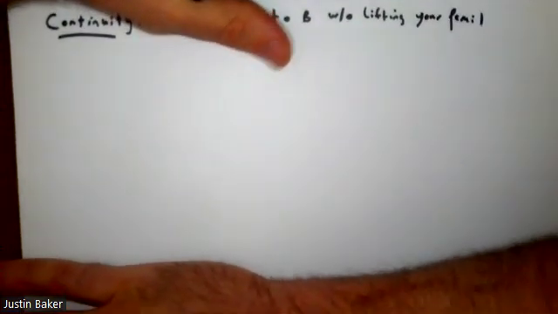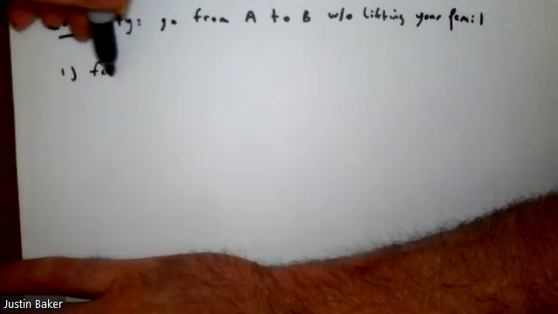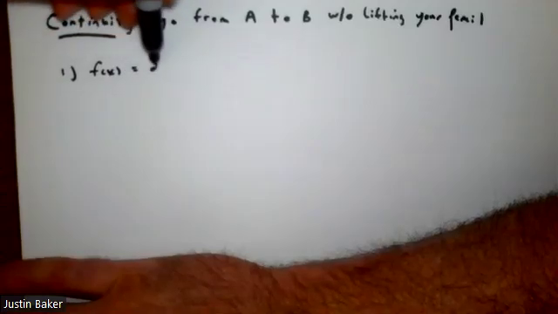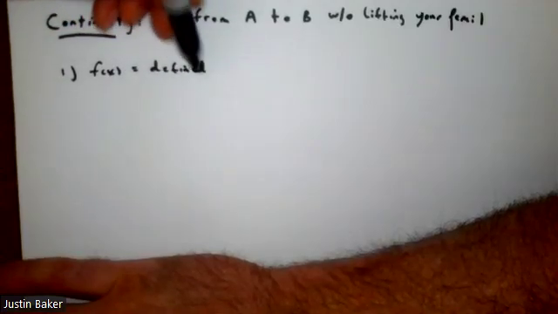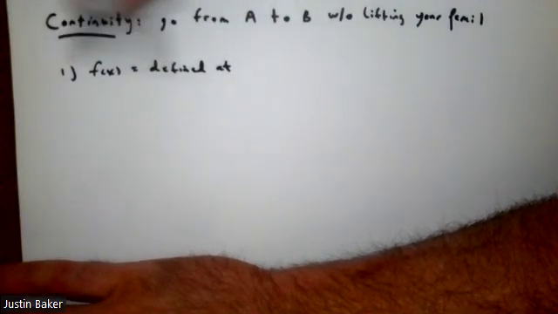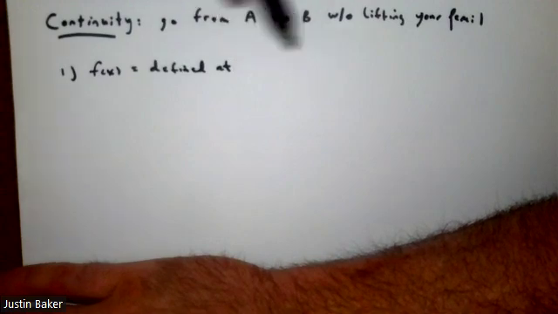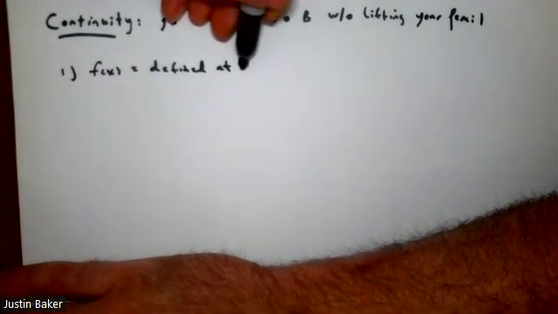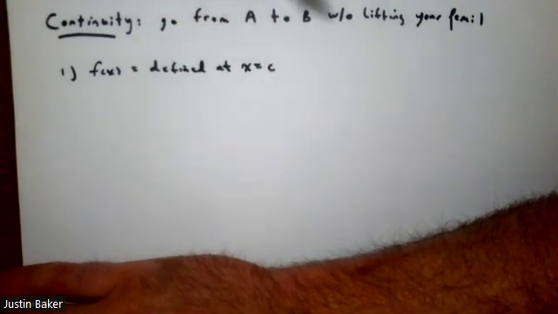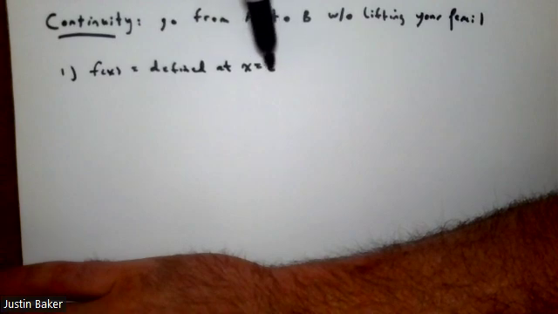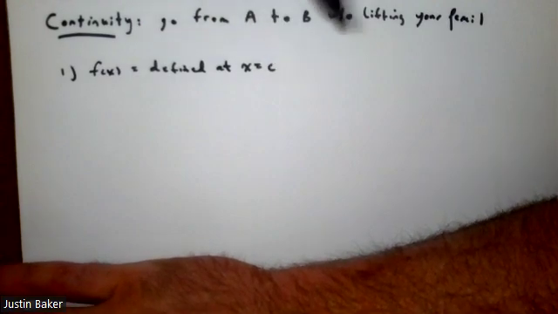All right, so what does that actually mean in terms of a math definition? Well, the first thing is pretty simple. F of x, your graph, we're going to say it's defined at, so in this definition, we're looking at, is it continuous at a point, at a specific area? It's defined at, we'll say x equals c. And c is going to stand for whatever constant, whatever number I'm interested in.